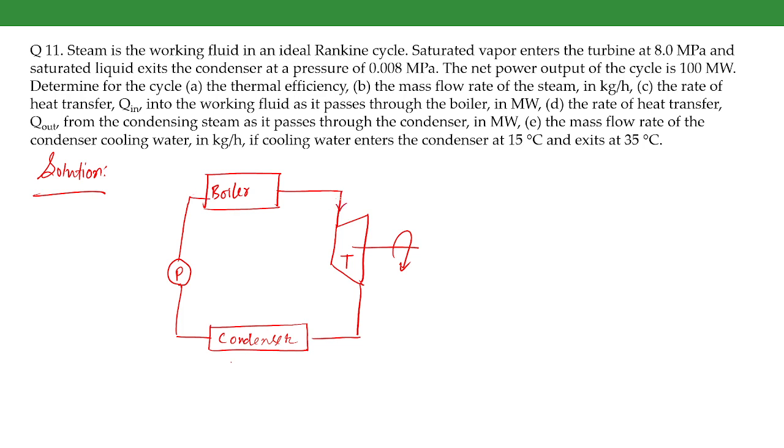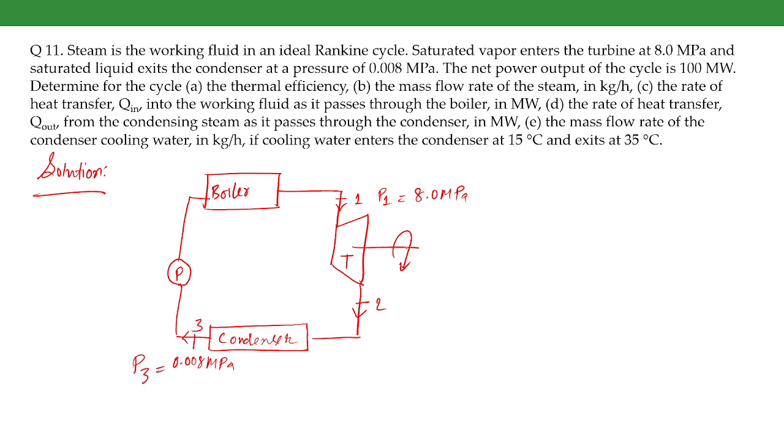If we start from the inlet of the turbine, it starts at 8.0 megapascal. The steam enters at 8 megapascal as a saturated vapor, and it exits the turbine at the condenser pressure. The condenser exit is at a pressure of 0.008 MPa, this is P3.